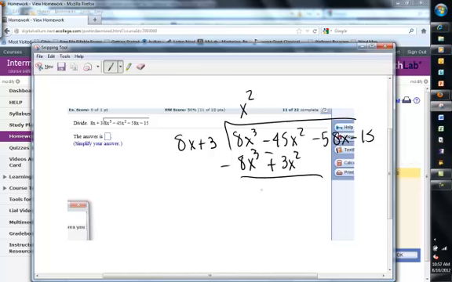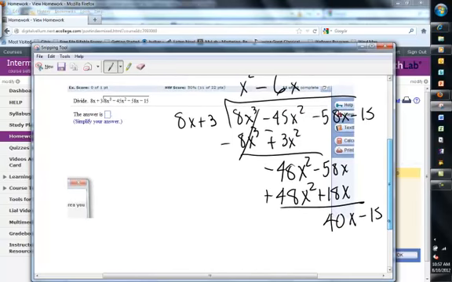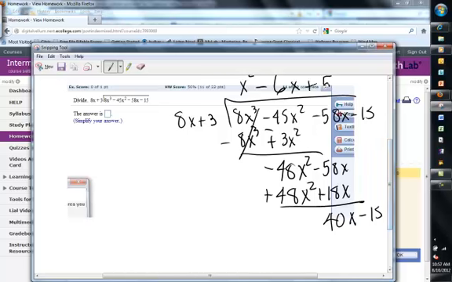Subtract, and we get negative 48x squared minus 58x. 8 goes into 48 6 times, 6x. So we get negative 48x squared minus 18x. Subtract, you get 40x minus 15. 8 goes into 40 5 times. 5 times 8 is 40x.